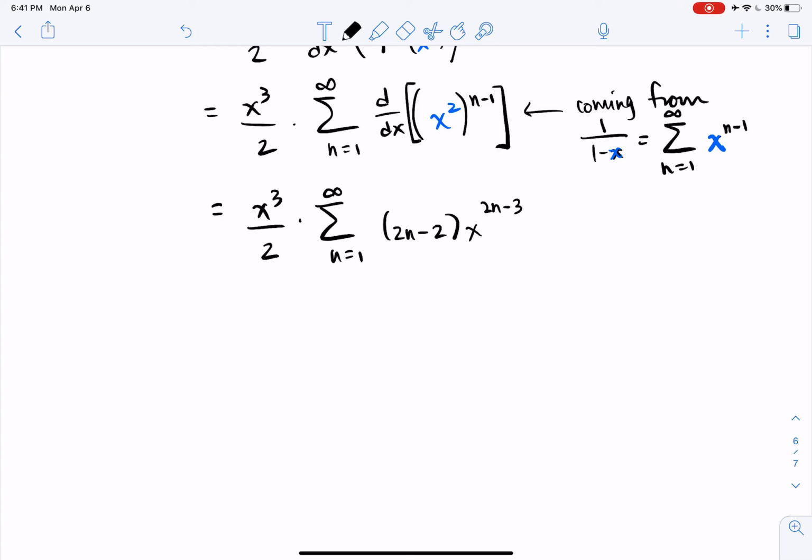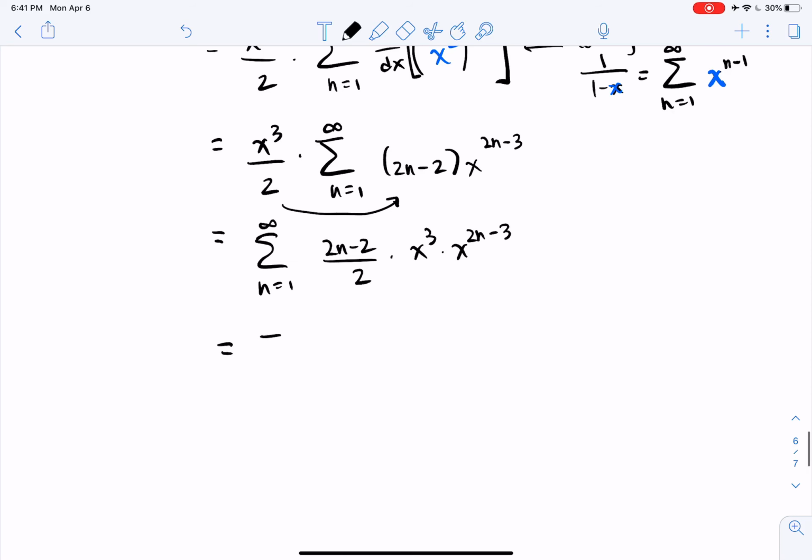And we have the series n equals 1 to infinity of 2n minus 2 all over 2 times x cubed times x to the 2n minus 3. And you see that a whole bunch of recombining can happen. The 2's cancel, you're left with n minus 1. And the cubed and the 2n minus 3 leave you with x to the 2n.